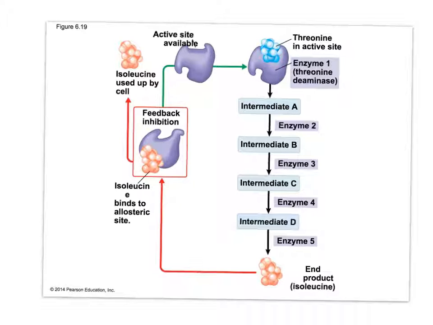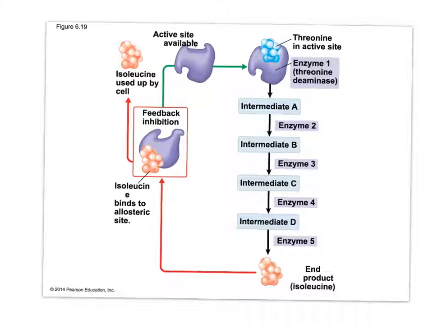Do we want excess amounts of isoleucine in the cell? No, we just want the right level that the cell needs, right? We don't want too much, we don't want too little. But these enzymes are regulated by the end product.